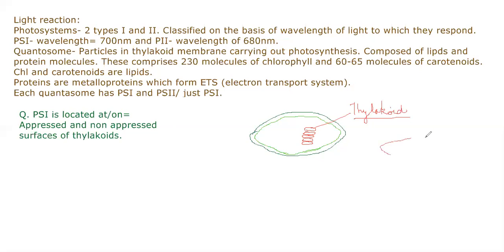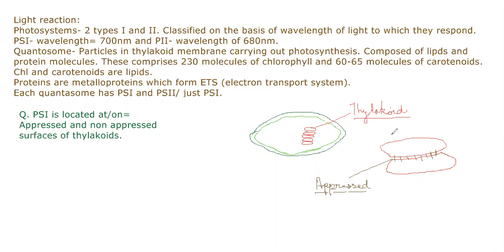Now, if I try to understand these appressed and non-appressed surfaces: a thylakoid stacked upon another thylakoid looks something like this, right? So basically this part is the appressed surface, pressed upon each other.